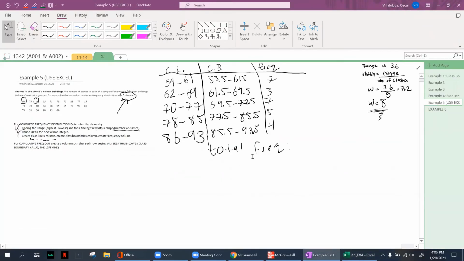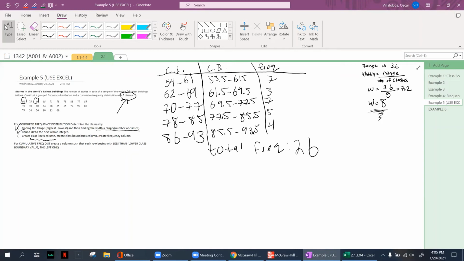So my total frequency is going to be not 56, but 26. Very nice.